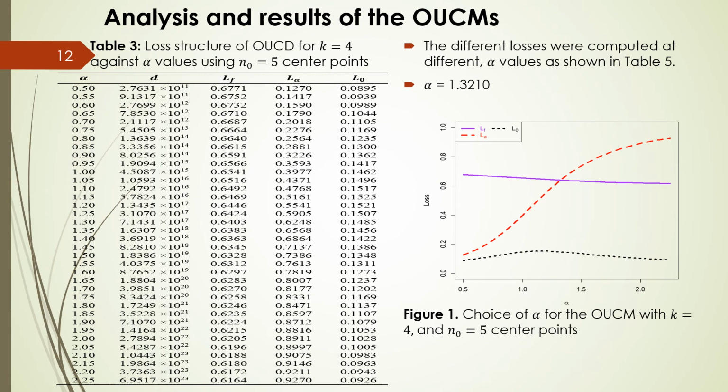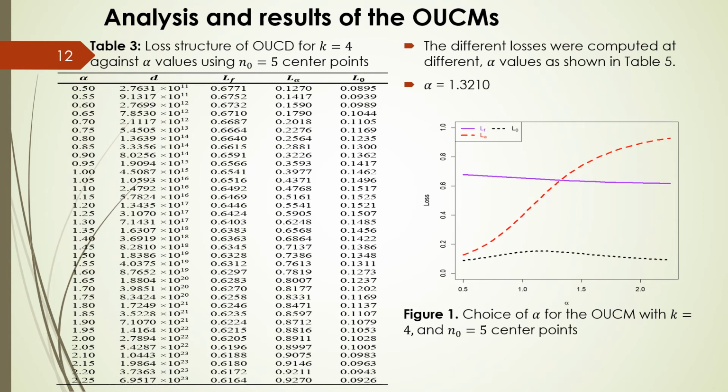Now we move to the analysis and the results of the OUCM. We should know that the loss structure of the factorial area and the center points were obtained by using equations 6 to 8, and based on the values obtained, we have the result presented in table 3.